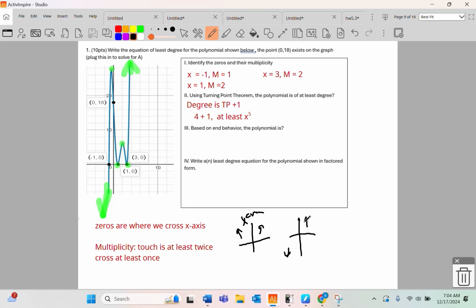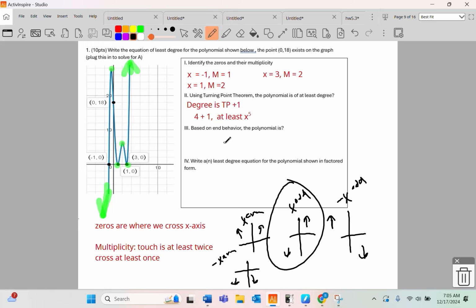This is an x to the odd. Remember, I said write down whatever you need to write down. This is a negative x to the odd. And then you have this guy, which is a negative x to the even. Anyways, this guy is behaving like this. It is a positive x to the odd.